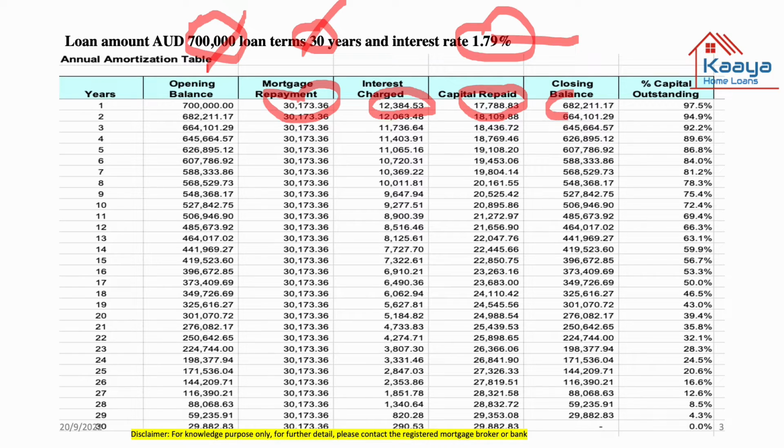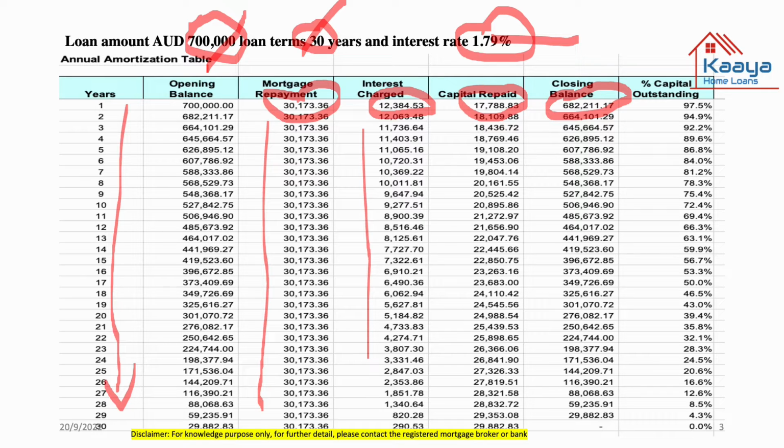Your closing balance will go down by about 30,000. Throughout the loan term, the repayment will remain the same as per the amortization calculation, but the interest will go down and the principal will go up. When the interest rate is low, it will go down very quickly.